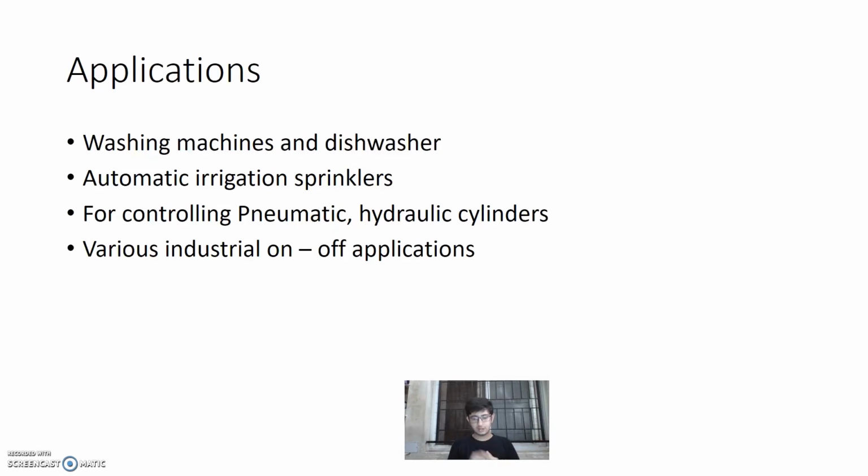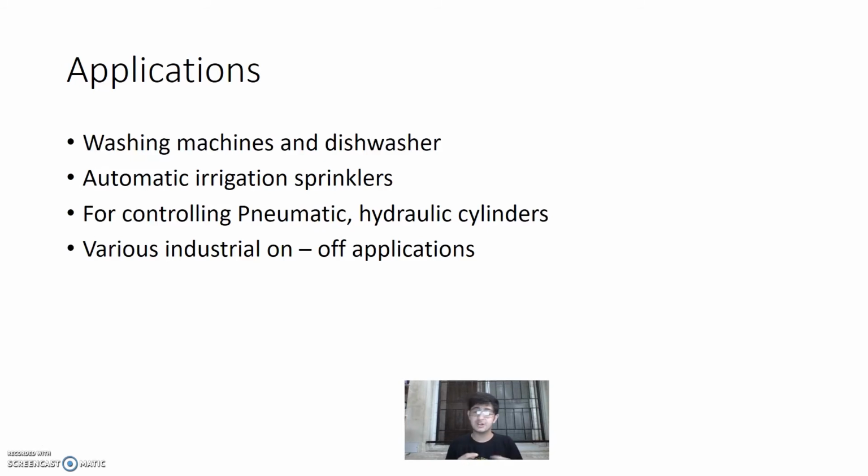Now the third application is to control pneumatic and hydraulic cylinders. As we discussed in the beginning of this video, we have two types of solenoid valve: first is two-way and second is three-way. For controlling a single-acting pneumatic or hydraulic cylinder, you can use a two-way solenoid valve, no harm.